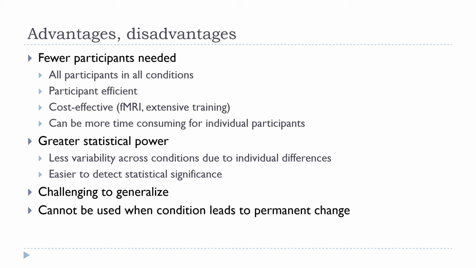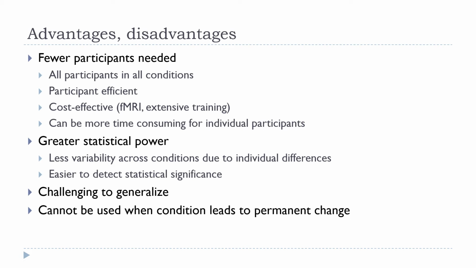Another distinct advantage to this type of study is that you have greater statistical power. Even considering that you are running fewer people, you actually have a greater ability to detect statistical significance with a within participant design because there's less variability across conditions due to individual differences.